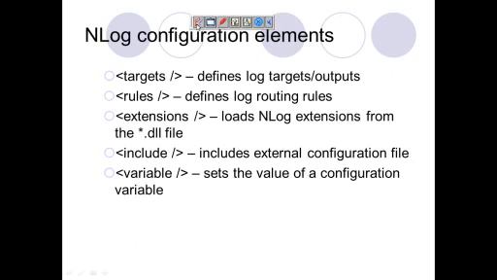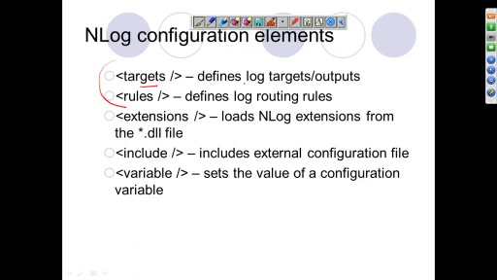Other than these targets and rules, there are some more elements also, but mostly we'll be using targets and rules only. These are the most important ones. So the targets element defines the log targets and the outputs where your logging output will be saved. Rules define the log routing rules, where your log will be routed, in which target it will be routed to.